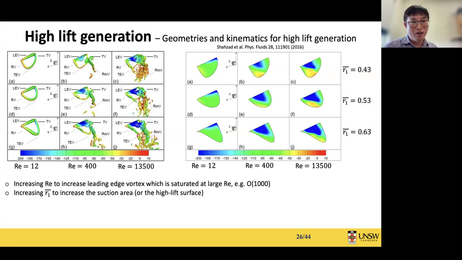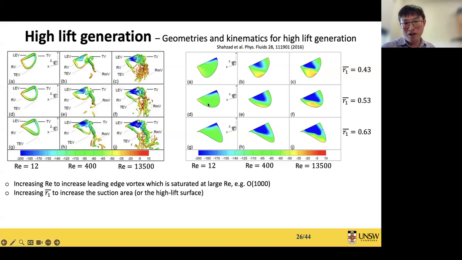And when we increase this R1, it actually measures the area center of this wing. Low R1, for example this one, means the area is distributed closer to the wing root.